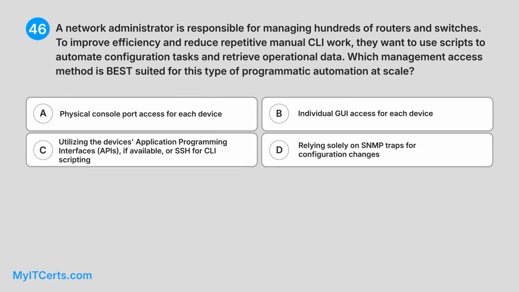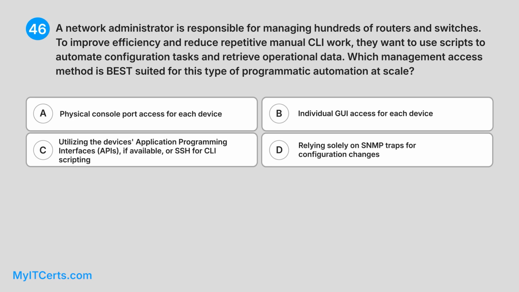46. A network administrator is responsible for managing hundreds of routers and switches. To improve efficiency and reduce repetitive manual CLI work, they want to use scripts to automate configuration tasks and retrieve operational data. Which management access method is best suited for this type of programmatic automation at scale?